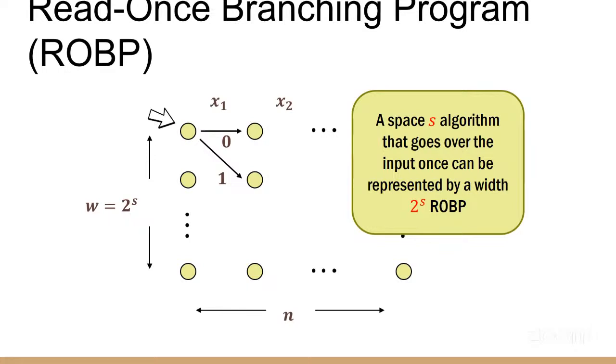Because it's an automaton, the state transition is defined. But here, your transitions can differ as you're reading each bit. The transition when you're reading the second bit can be different from the transition when you're reading the first bit, which is not the case in automata. So it's a strictly stronger model of computation than automata.